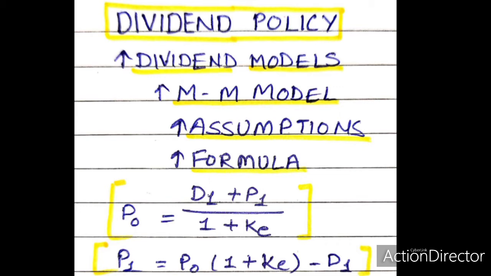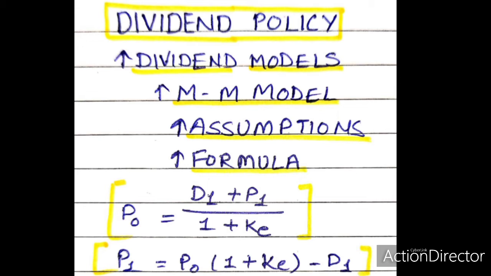The model is expressed by the formula P0 equals D1 plus P1 divided by 1 plus KE. Here P0 stands for market price per share at the beginning of the period or prevailing market price of a share. D1 stands for dividend to be received at the end of the period.